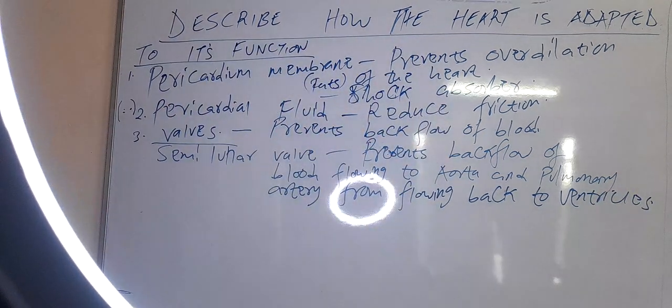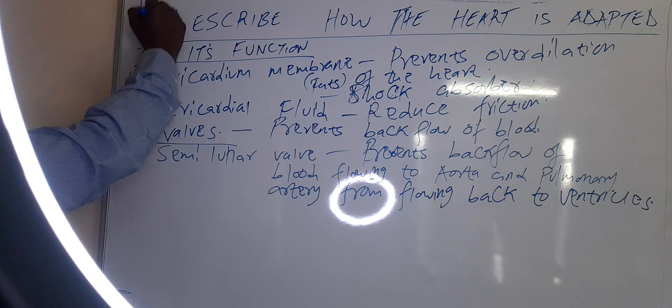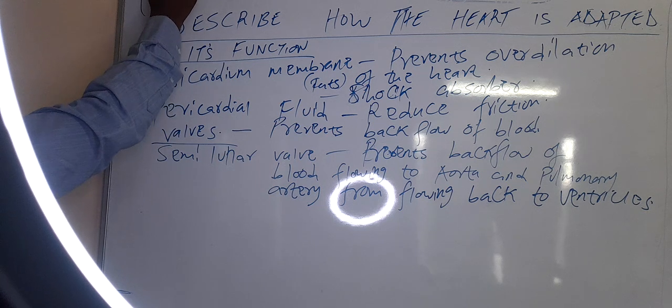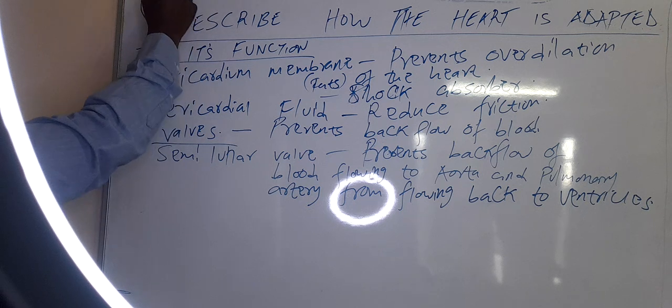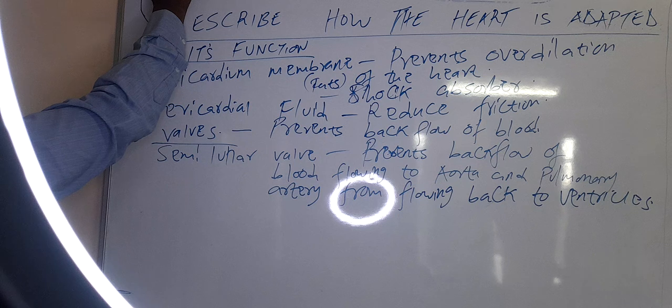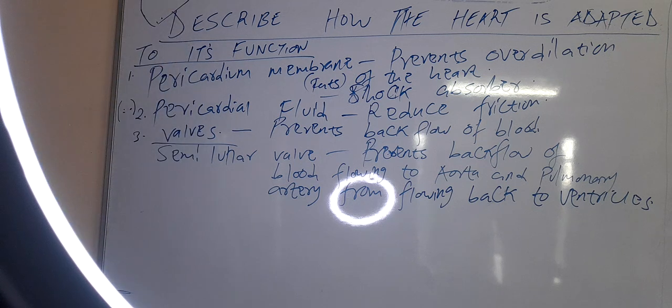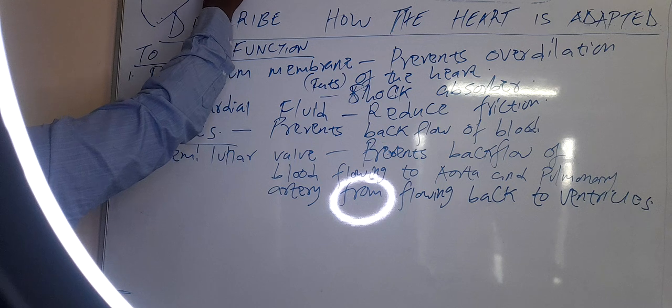So when you check the structure of the heart, let me just make a representation of the heart. Maybe this is our heart section. Then this is your vena cava, pulmonary artery, aorta, then pulmonary vein.